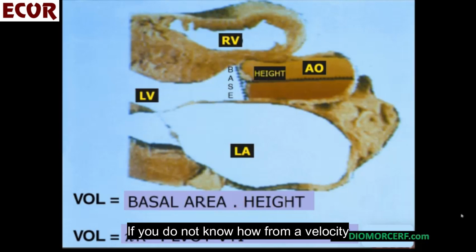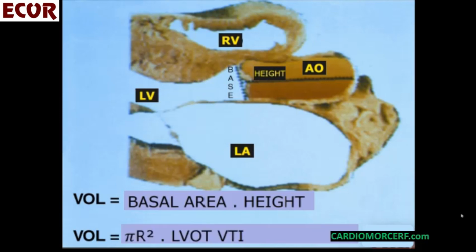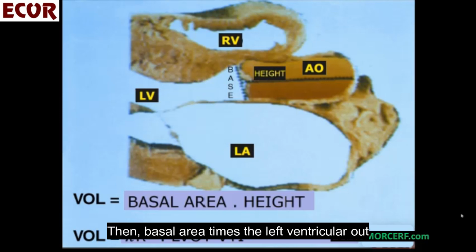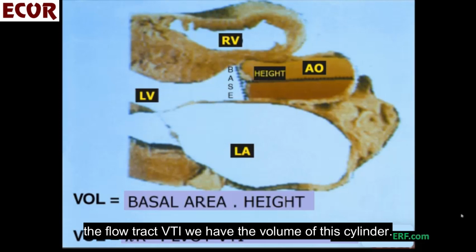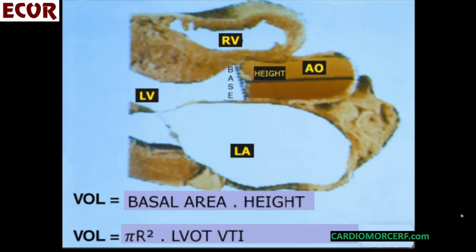If you do not know how from a velocity curve we get a distance using the integral, please watch the video class in the first period. Then, basal area times the left ventricular outflow tract VTI, we have the volume of this cylinder.